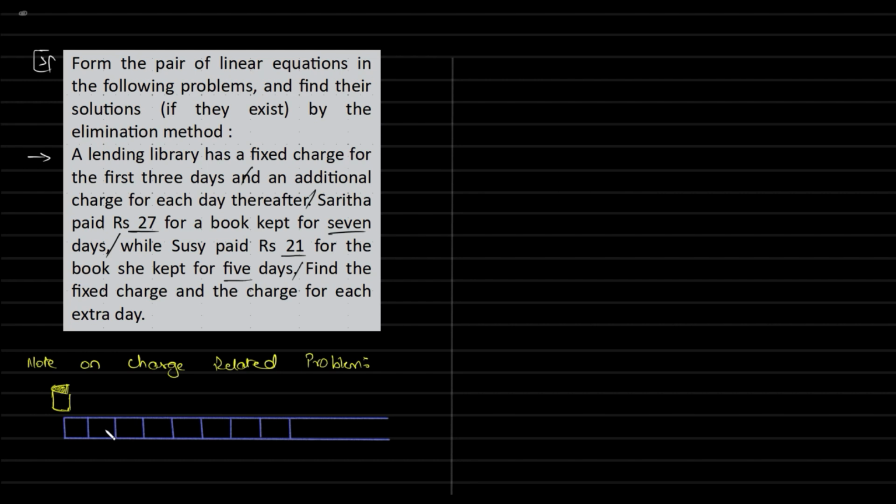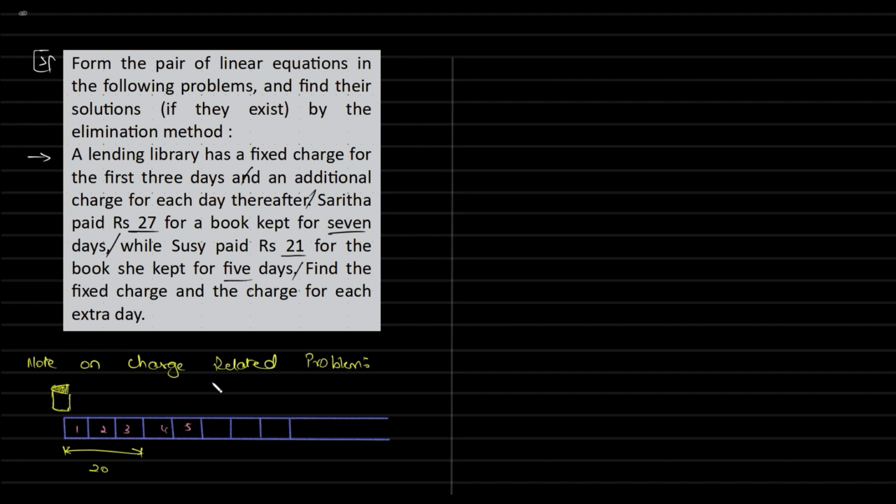So the whole idea is this. You borrow the book, day 1, day 2, day 3, day 4, day 5, and so on. No matter what, for the first 3 days the amount is fixed, like say 20 rupees. If you keep it for 1, 2, or 3 days, you have to pay 20.